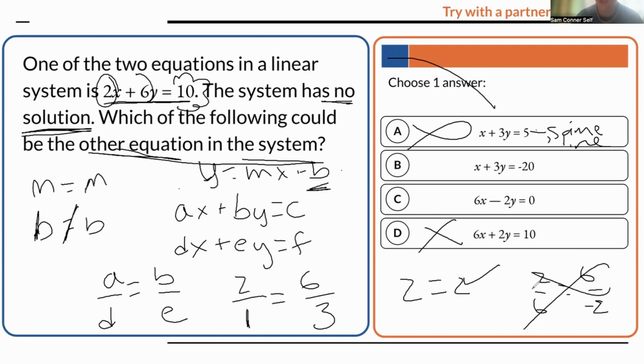So using that, and if we know that it has no solutions, which means the lines have to be parallel, which means they have to have the same slope, it's going to mean that the proportion we did out for B is going to give us the correct answer to this.